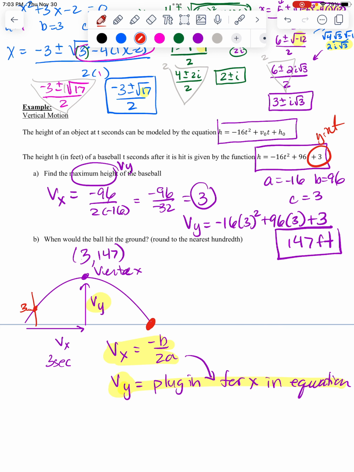So he hits it with a bat, it goes up, comes down, and then this is the actual question they're asking: when would it hit the ground, meaning how far forward, how much time has passed. So when means we're looking for a t, which is in the x spot of our equation. So those are like this point back here, which we won't be interested in because it happened before he hit it.